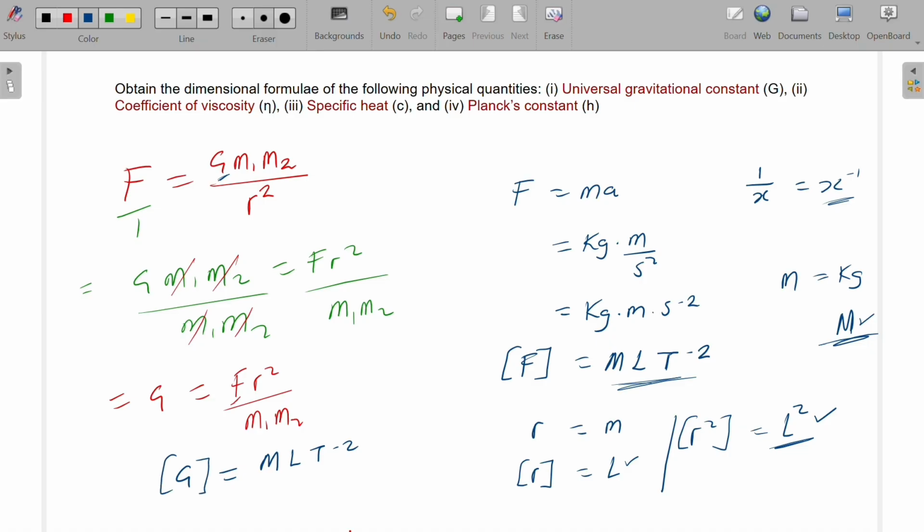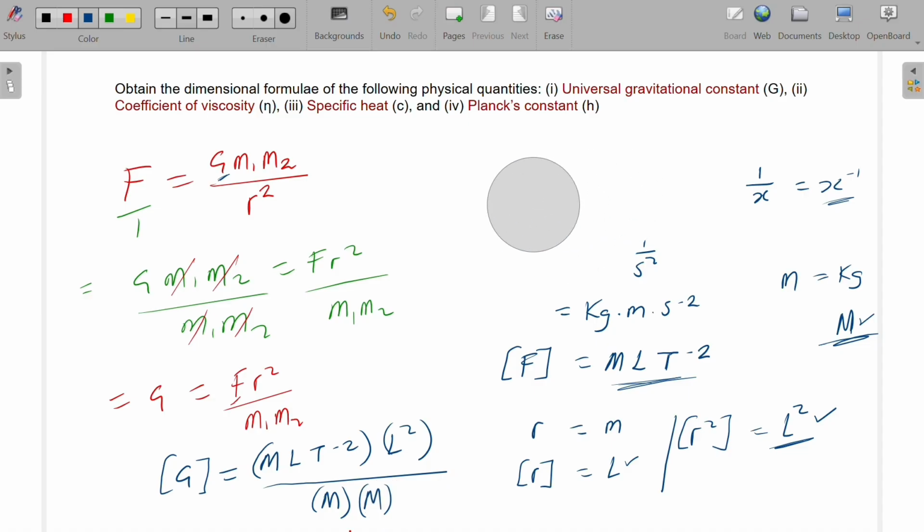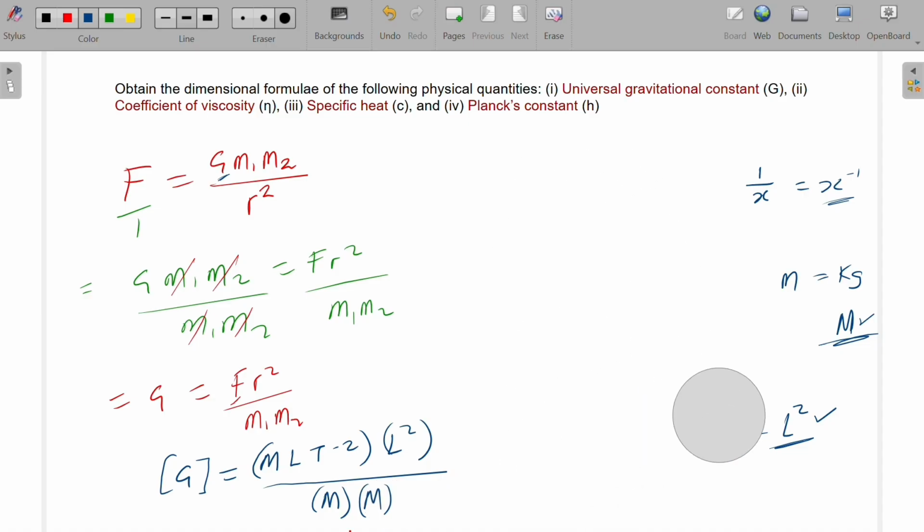Now we need to show that we are looking at dimensions, so the square brackets here tell us the dimensions of G are equal to, for R squared, L to the power of 2. Then down here we have M1 and M2, so it's just M multiplying by another M. These are capital letter M's for the dimension.